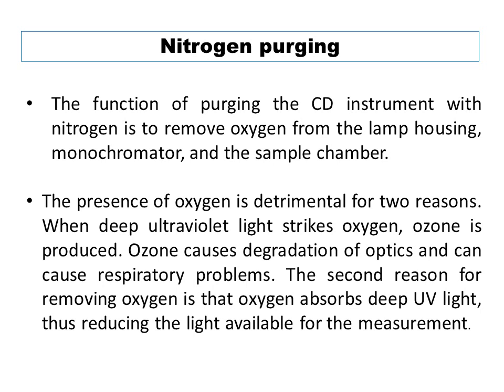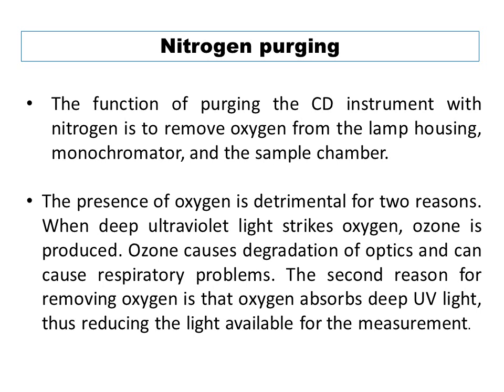The function of nitrogen purging in circular dichroism, which is just bubbling with nitrogen, is to remove oxygen from the lamp housing, monochromator and the sample chamber. So you really want to eliminate oxygen from the instrument using nitrogen. The presence of oxygen is detrimental for 2 reasons.